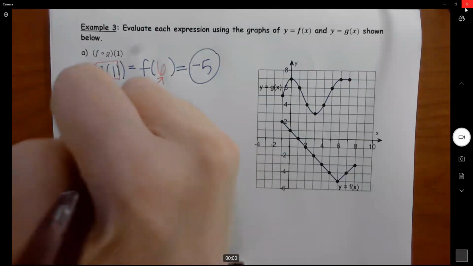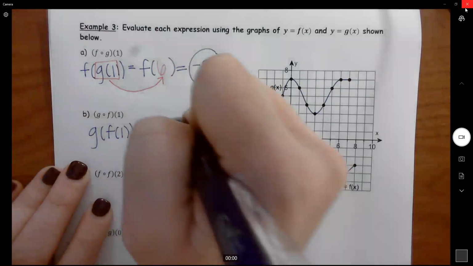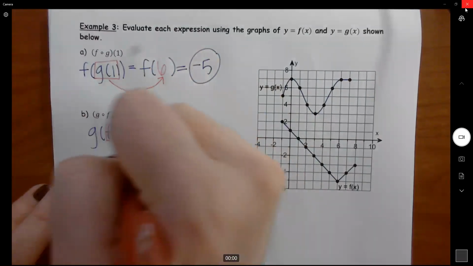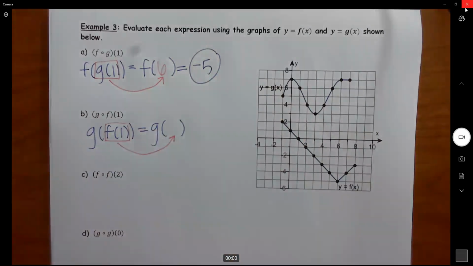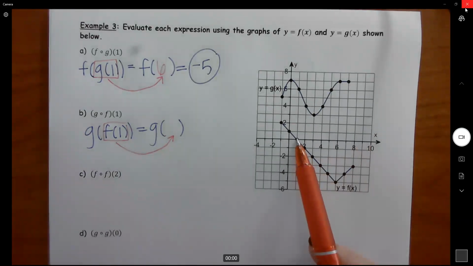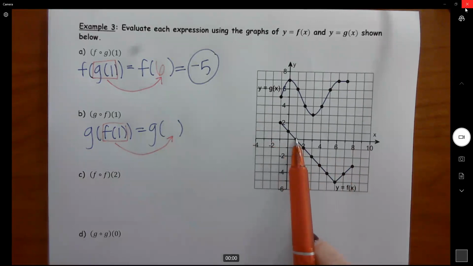Here we have g of f of 1. So what does f of 1 equal? Okay, start inside, work your way out. So I go here to 1, and I'm on my f of x, right? That is my f of x graph. And so what is that y value with it?